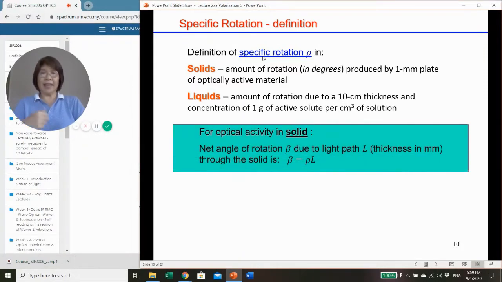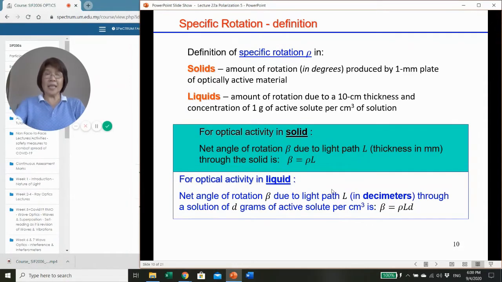So for optical activity in a solid, the net angle of rotation would just be rho L, where rho is the specific rotation and L is the thickness that the path passes through in the solid. For optical activity in a liquid, if the thickness of the solution is L decimeters, and the solution has d grams of active solute per cm cubed, then beta would be the product of rho, L, and d.